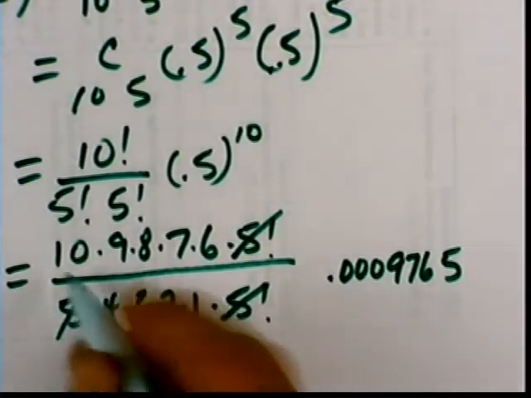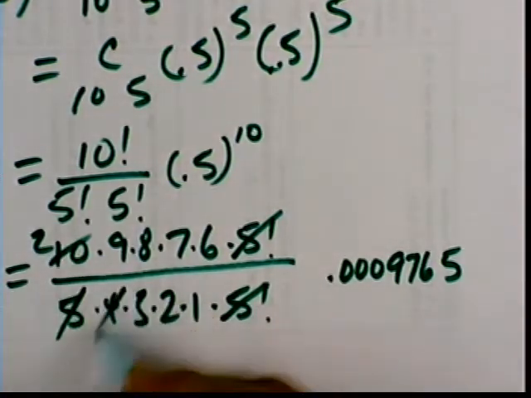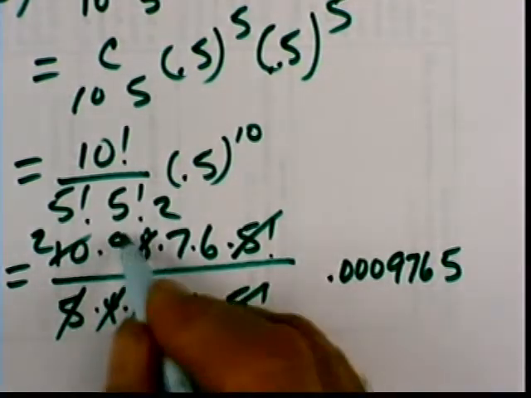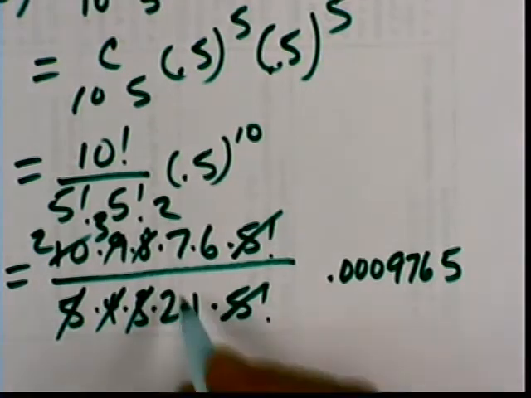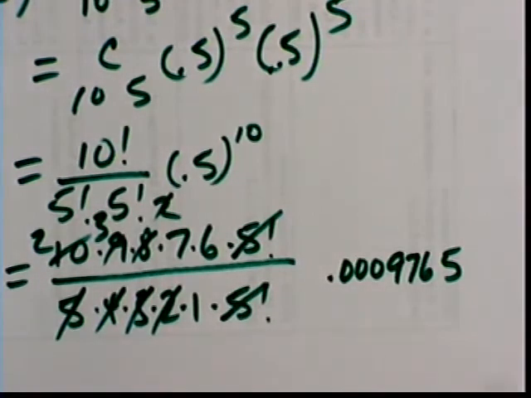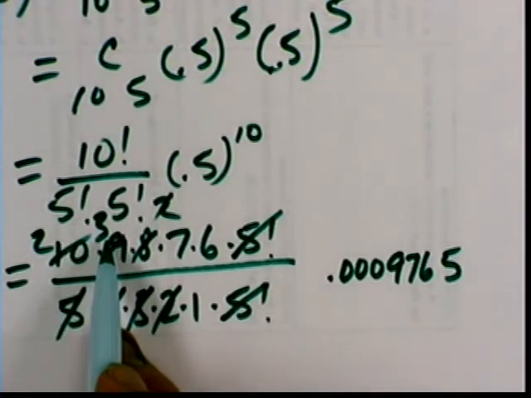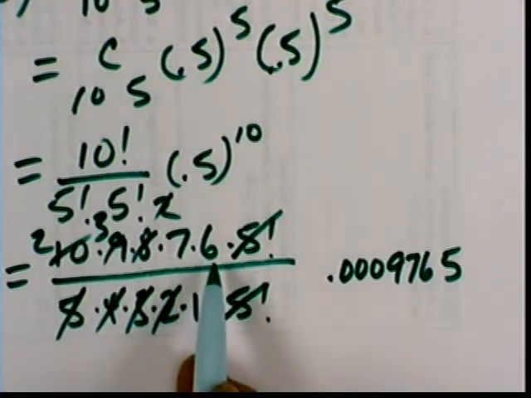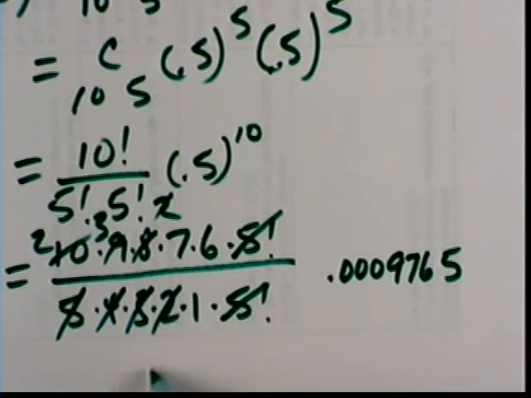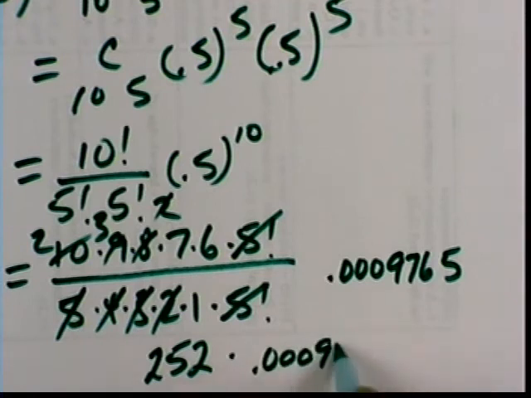So we can go through and cancel. 5 cancels with a 2, that cancels with a 2, that cancels with a 3, that cancels with the 2. So it looks like I've got 6 times 42 times that number. And I didn't bring my calculator for that. So it looks like it's 252 times 0.0009765.